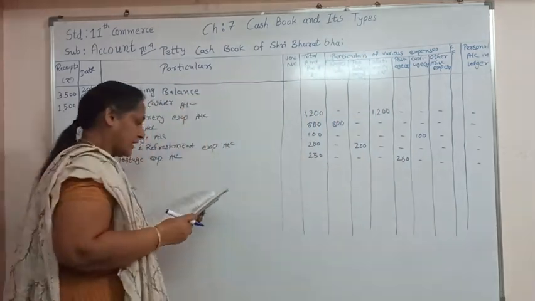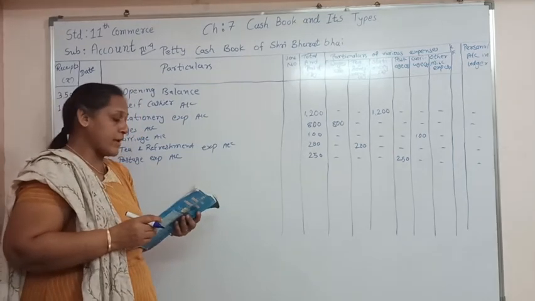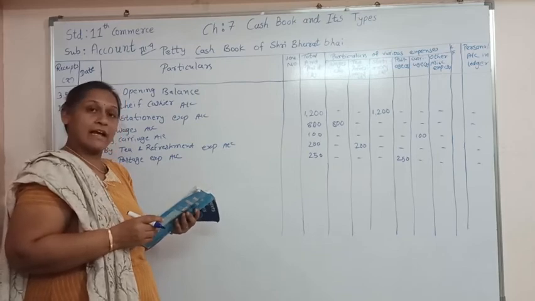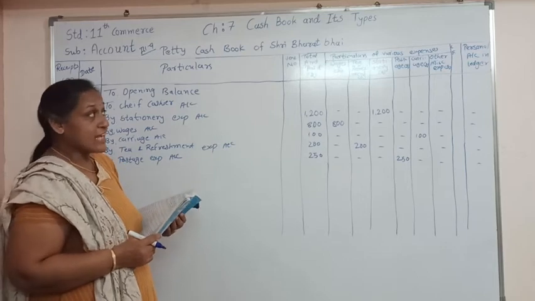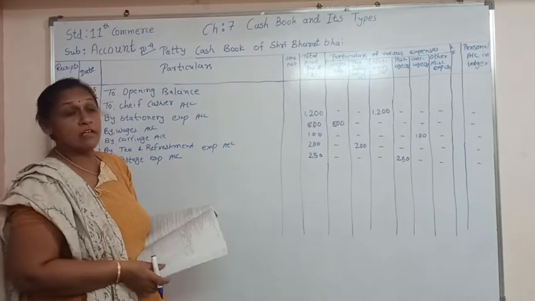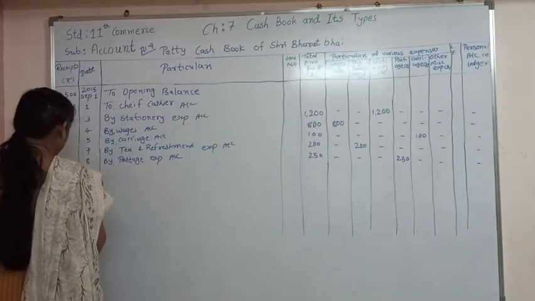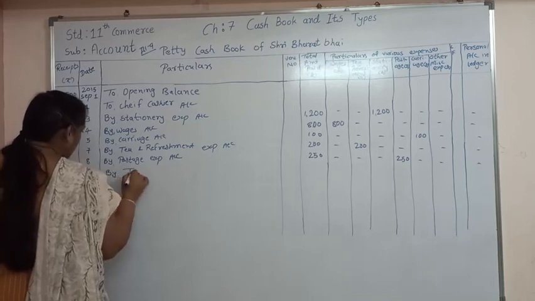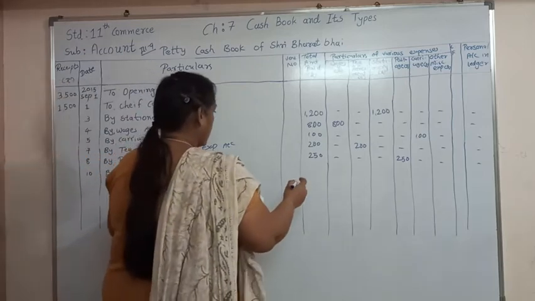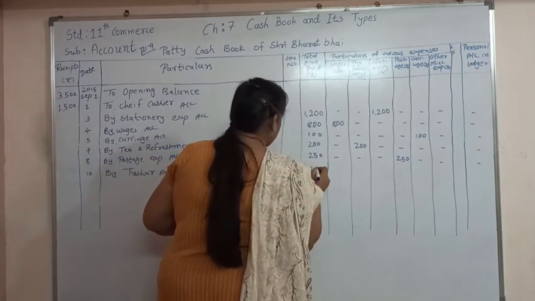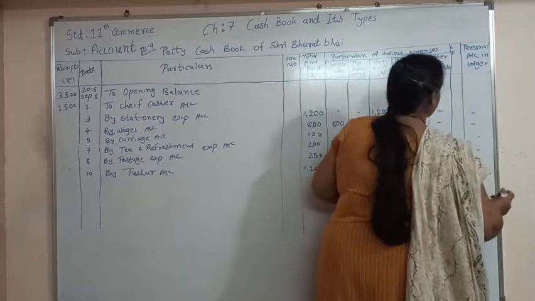Now let's see the next, on date number 10, rupees 1,200 paid to SAR towards advance salary. This is not a salary expense, but we have paid salary in advance, so we write it in a personal account. By SAR account, that will be 1,200, and we write it in the column of personal 1,200.